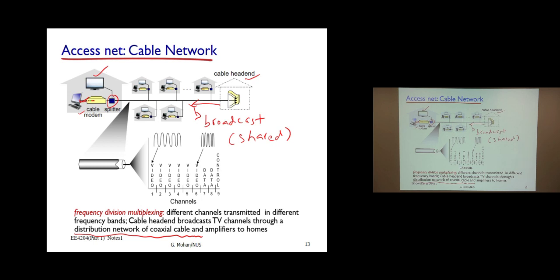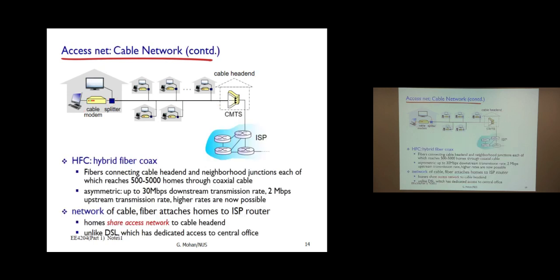So you can see that there are video channels, meaning the normal TV channels, and also some channels which carry data. That could be sent out through the television distribution network, which is already existing. What is actually done practically nowadays is that we use what is called HFC, hybrid fiber coaxial cable.